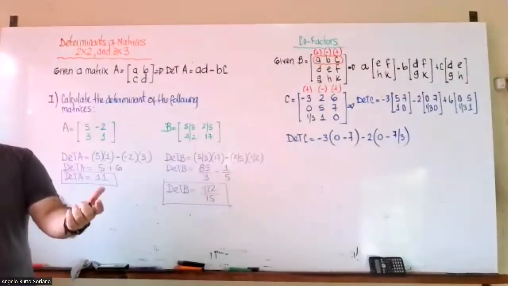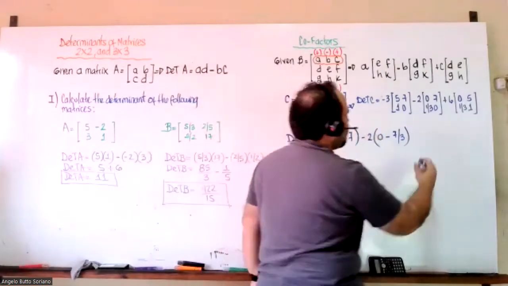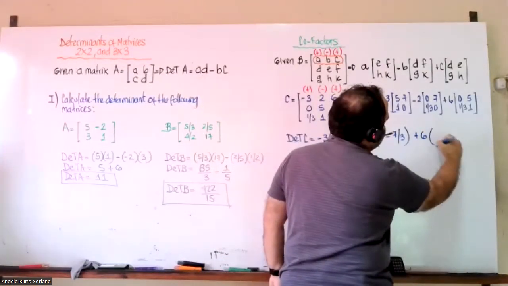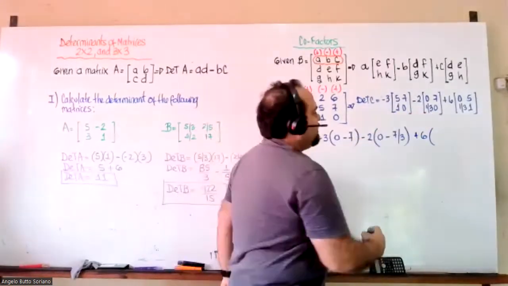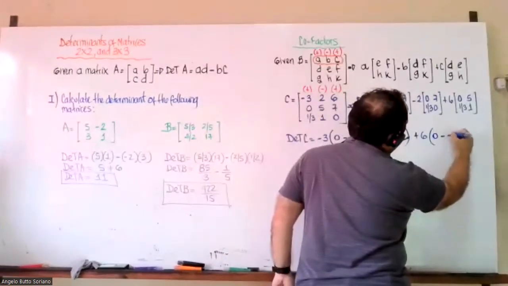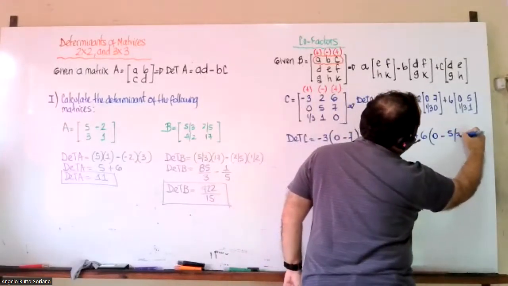And close parentheses. And finally, I'm going to copy +6, and 0 times 1 will be 0, minus 5 times 1/3 will be 5/3.